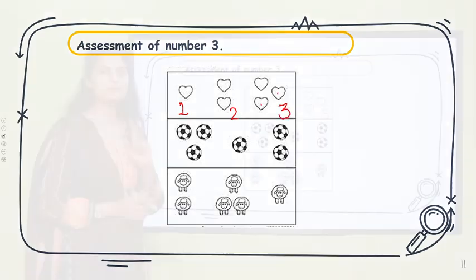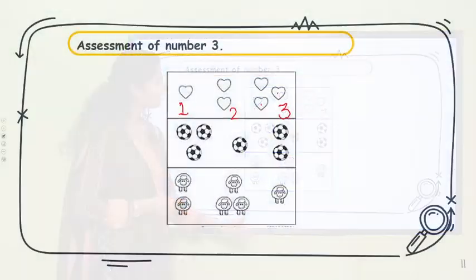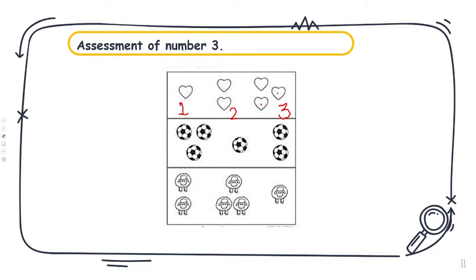Now do it by yourself. How many balls are these? 1. How many balls are these? Count it. 1 and 2. 2 balls. And how many balls are these? 1, 2, 3. Excellent.